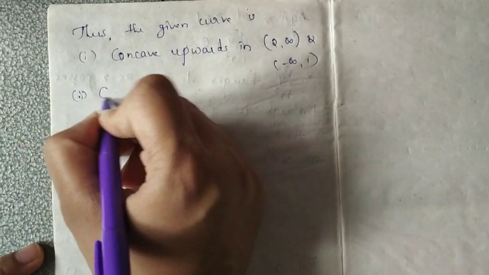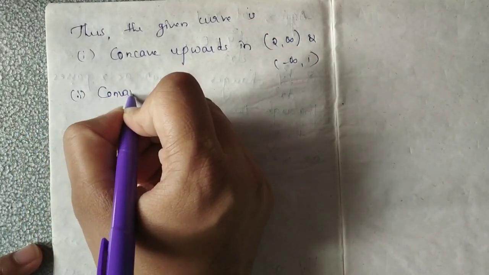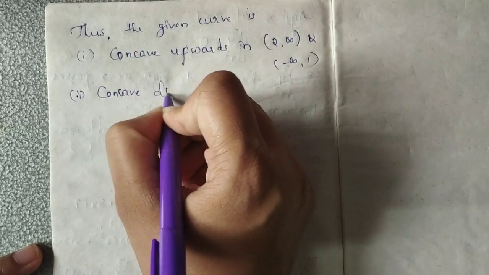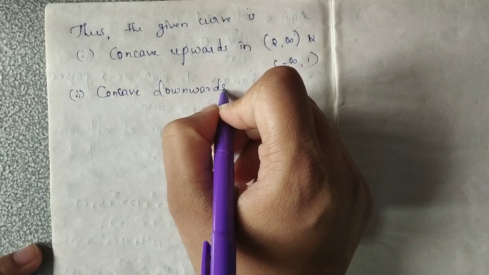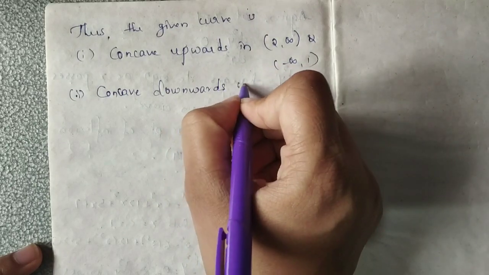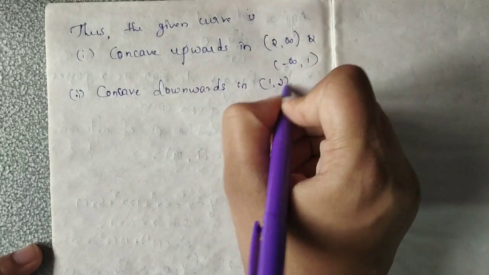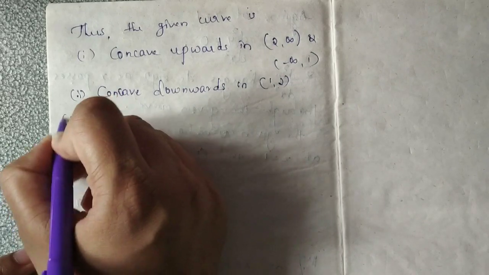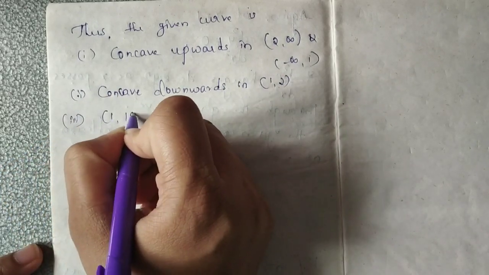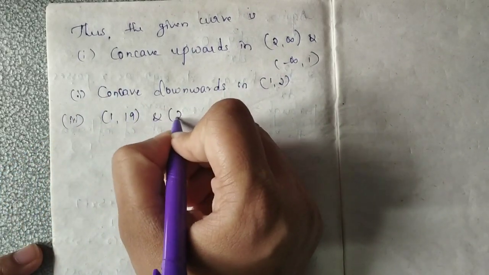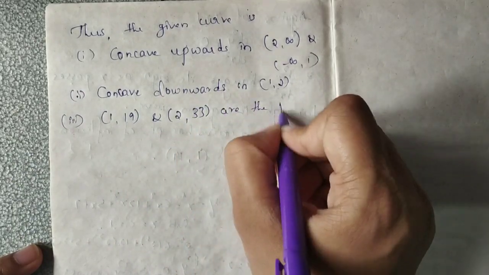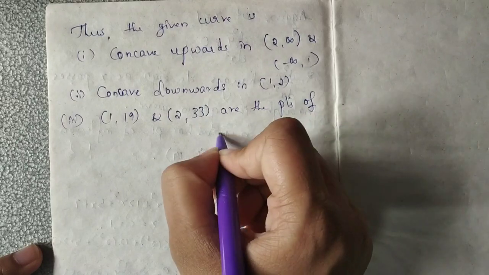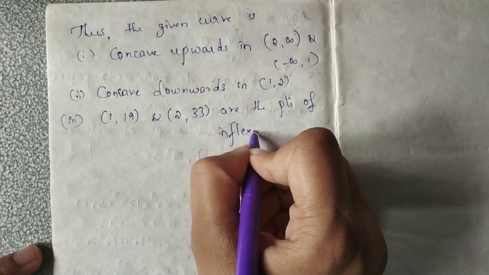And concave downwards in 1 to 2. Third one, 1 comma 19 and 2 comma 33 are the points of inflection.